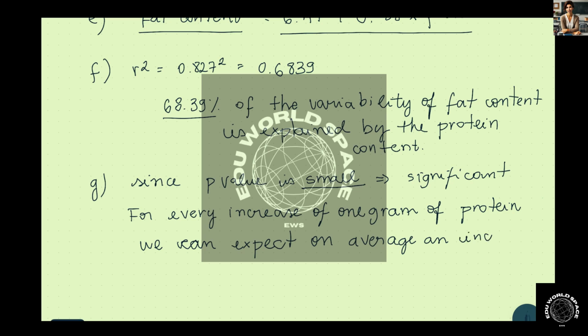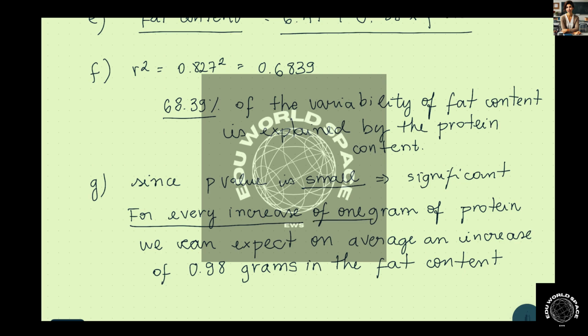Why an increase? Because the value of the slope is positive. An increase of 0.98 grams, because the fat content is also measured in grams in the response variable. So basically, what is important is that for every increase of 1 gram in our explanatory variable, we can expect on average an increase of the value of the slope in the response variable.